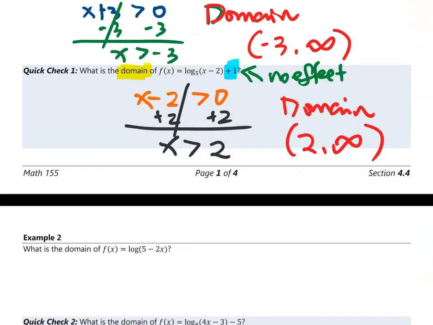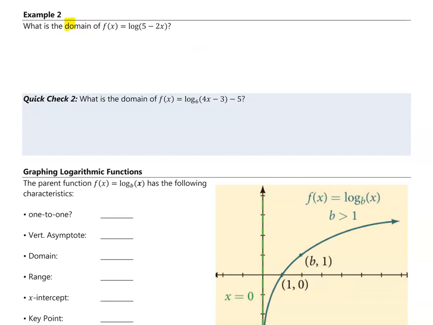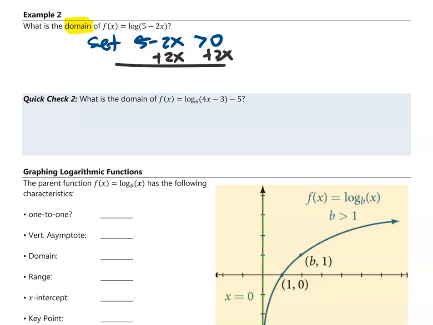Okay, let's try another example. What is the domain of f of x equals log of 5 minus 2x? So we have to set 5 minus 2x greater than 0. If we add 2x to both sides, we get 5 is greater than 2x.